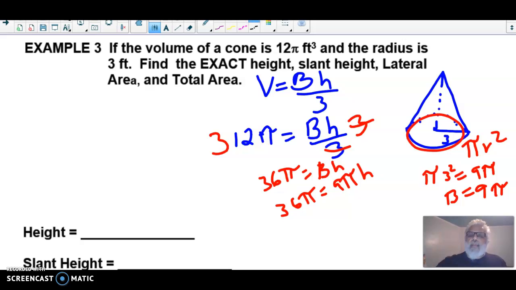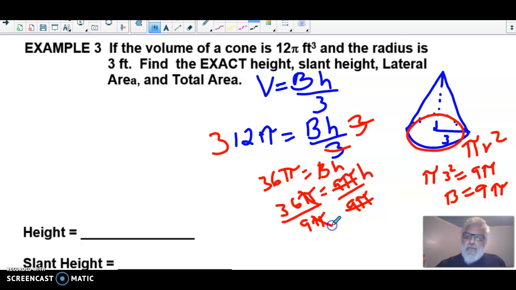So to get my h by itself, I'm going to divide both sides by 9 pi. 9 pi cancels here.